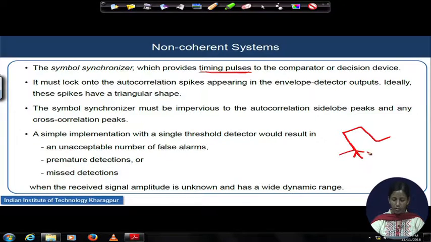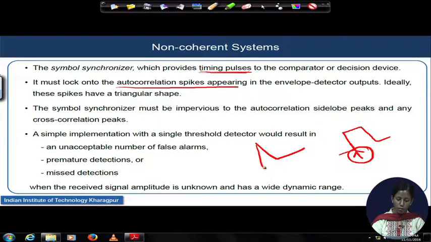This synchronizer should also lock the instant it is detected and declare a perfect lock, and it should try to lock when the autocorrelation spikes come in the envelope detector outputs. The spike at the output of the envelope detector will be triangular in shape.